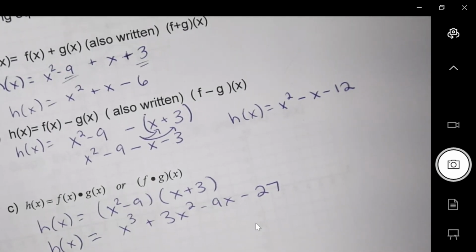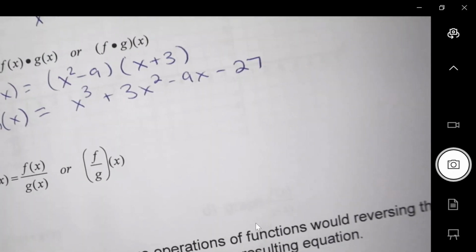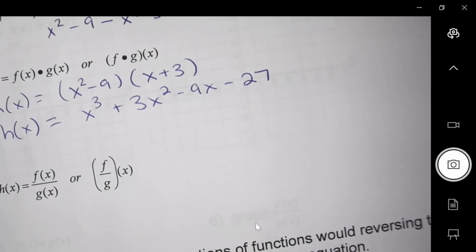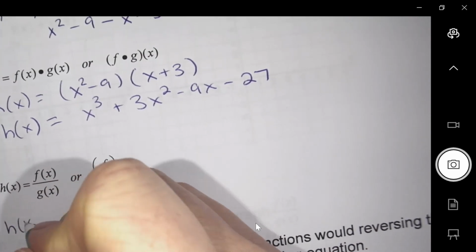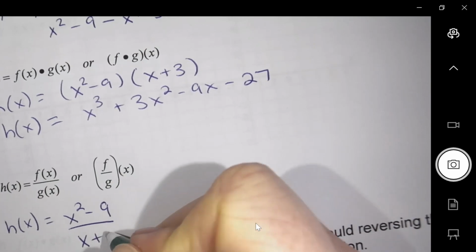And I actually am finding nothing to combine on it too, so that was it once I FOILed. Okay, and the last one is division, so the f function divided by the g function.